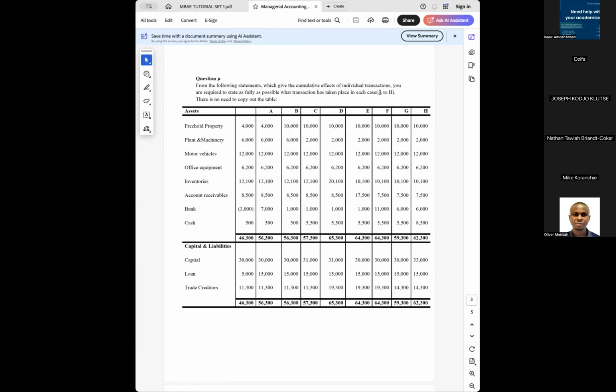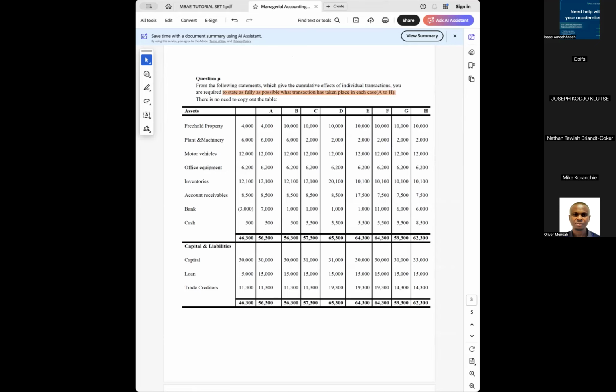The cases start from A to H. There's no need to copy out the table, right? So what is the main focus of the question? It is to state as fully as possible what transaction has taken place in each case from cases A to H, right? So that's what we are looking at today.